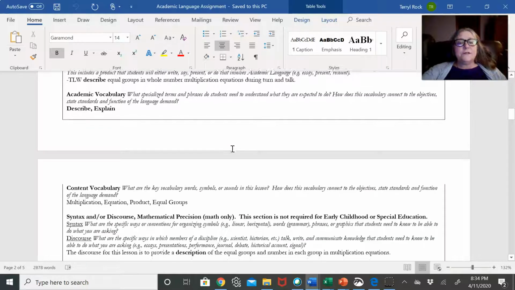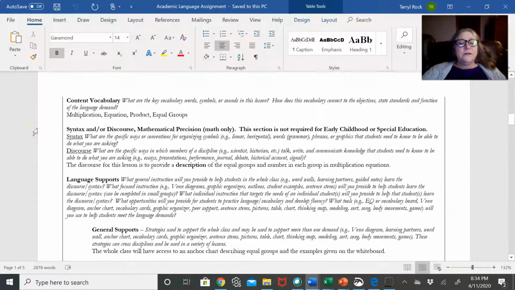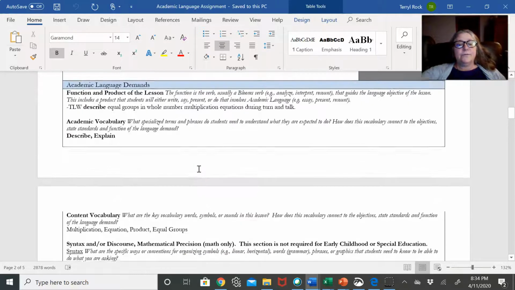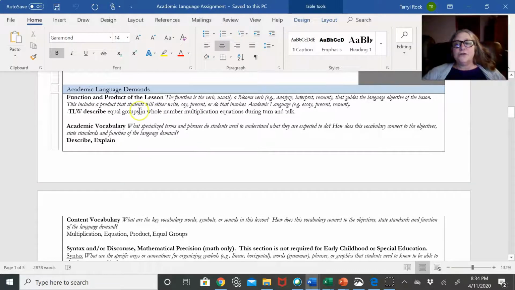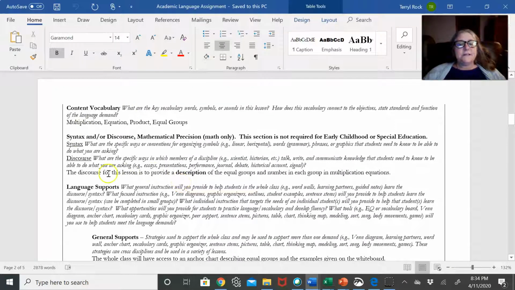Now notice that the learner will describe, clearly stated in the function, and comes down here, and then she clearly states again, the discourse for this lesson is to provide a description. Well, that's what you're doing when you describe. You're coming up with a description, so it makes sense.